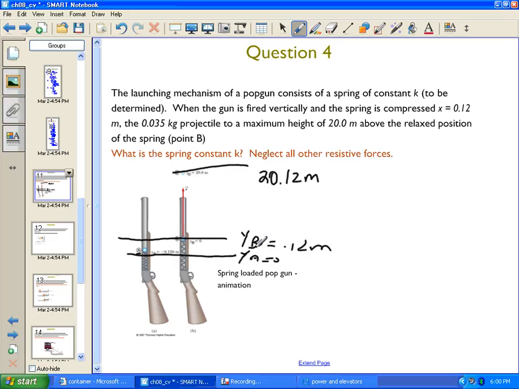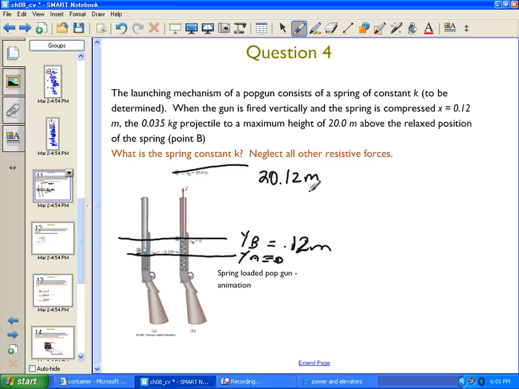In other words, we make an adjustment of our 0 to coincide with point A, allow point B to be 0.12 meters above the 0, and position C to be equal to 20 plus 0.12 meters. This is one way that we can solve the problem, even though the book does not do this.